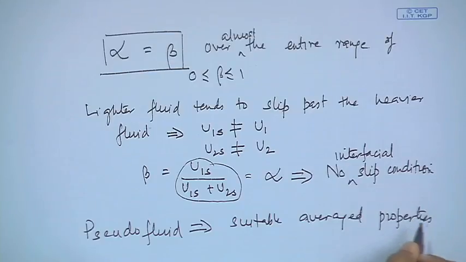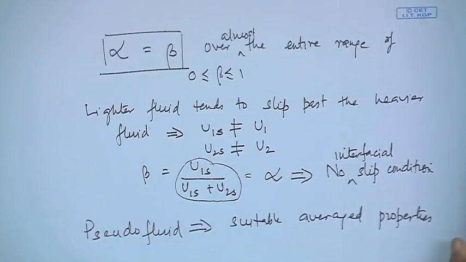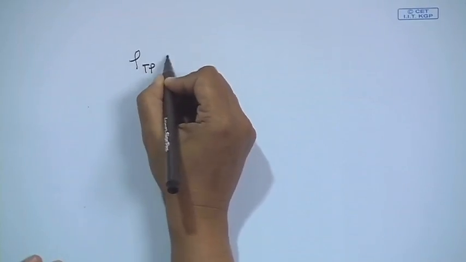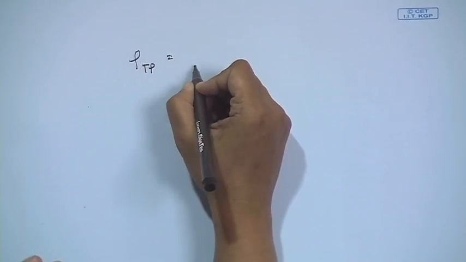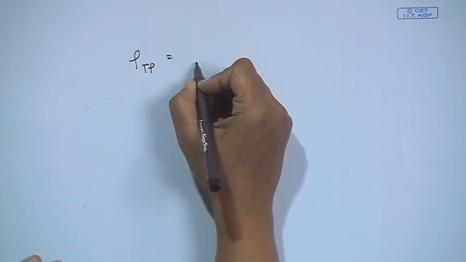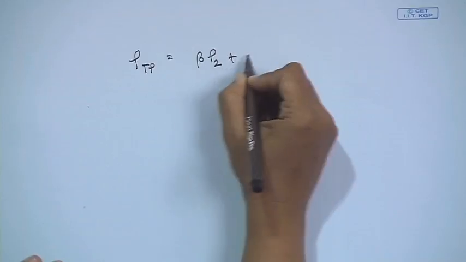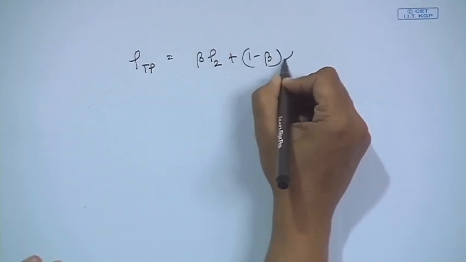If we have to develop a model for this fluid, we can assume the two fluids to be flowing at the same velocity, and the density of the fluid, rho TP, can be determined from the inlet void fraction in this particular form.